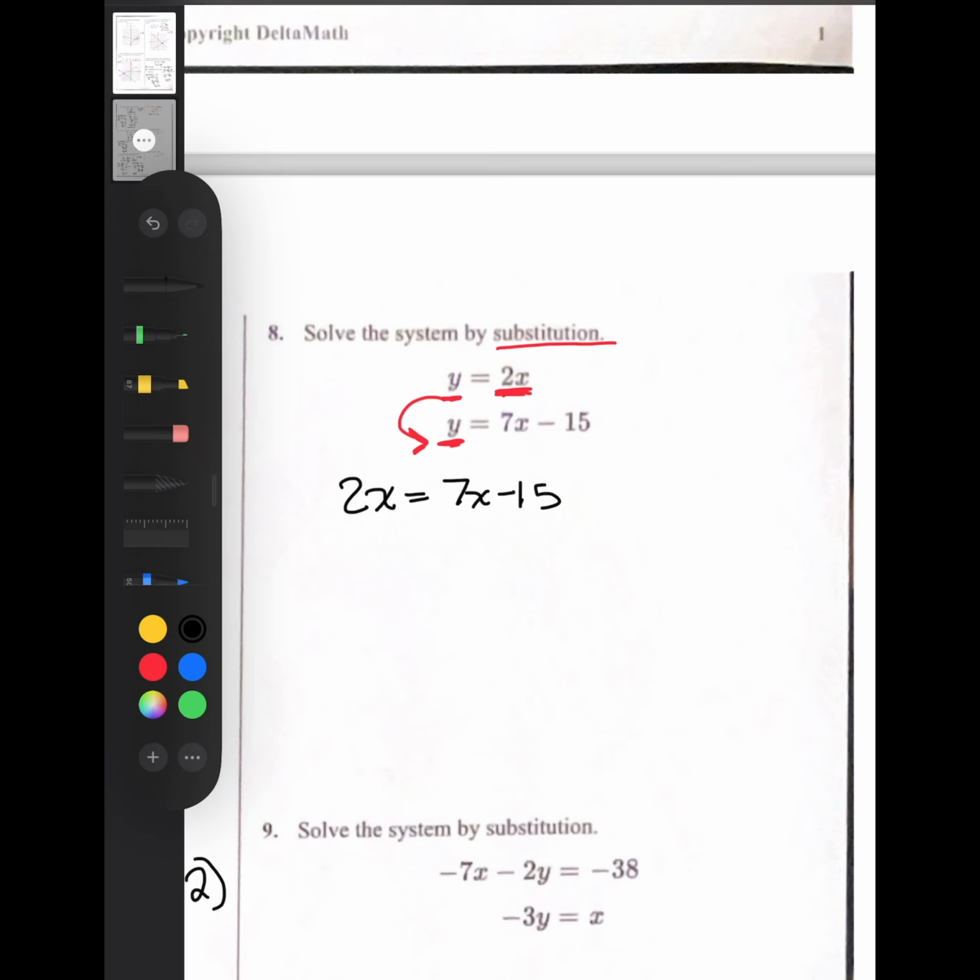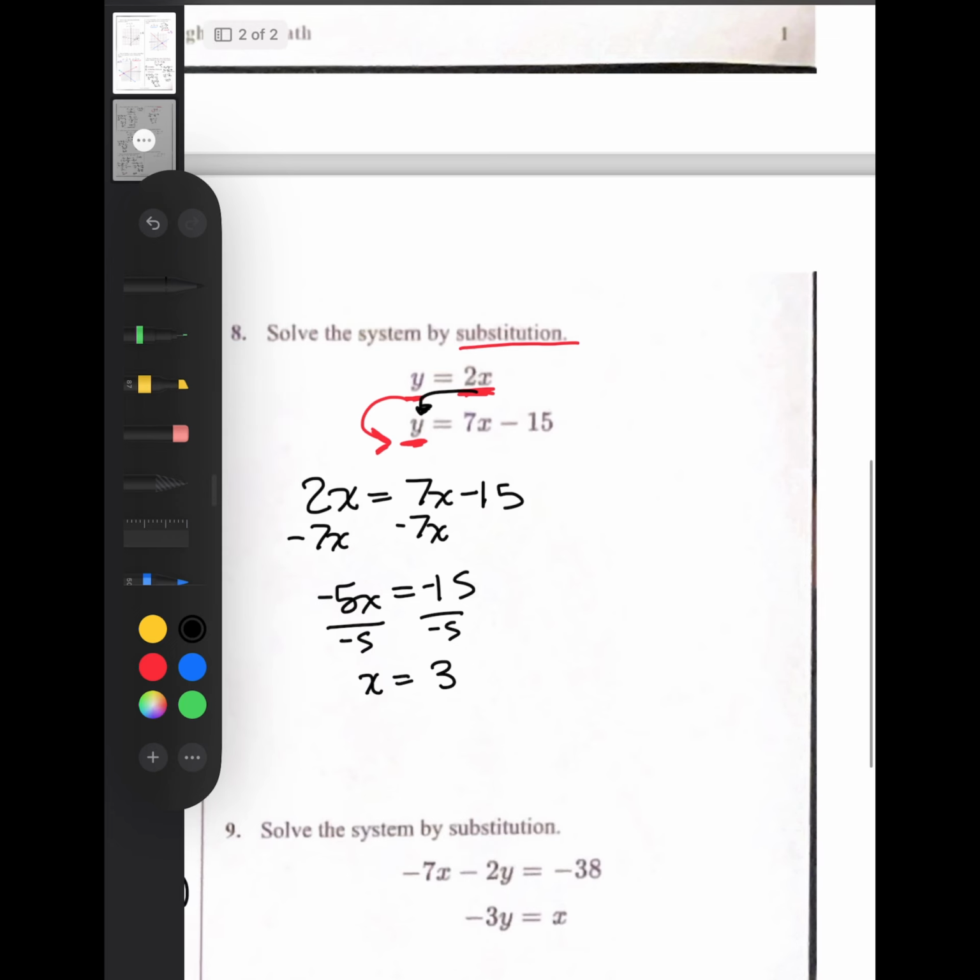I want you to see that this is where they want you to plug it in. Anytime you see a y, you're going to replace it with a 2x. So we subtract 7x from both sides. -5x equals negative 15, divided by negative 5. X equals 3.